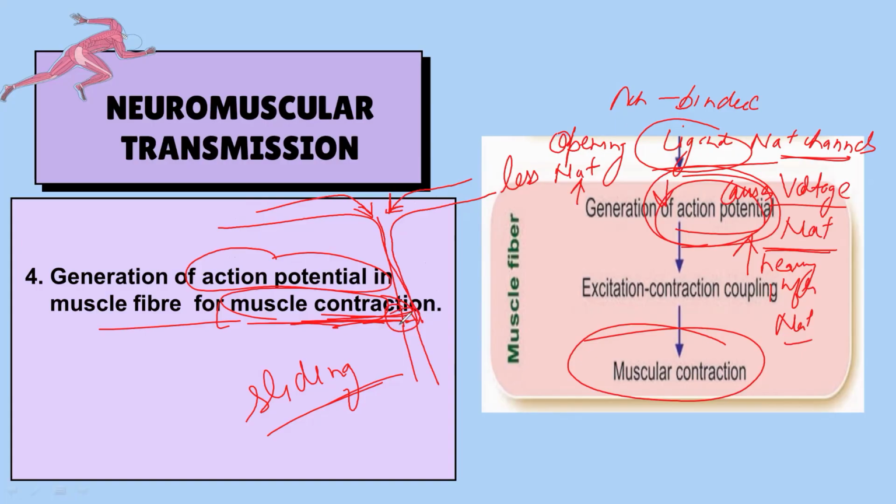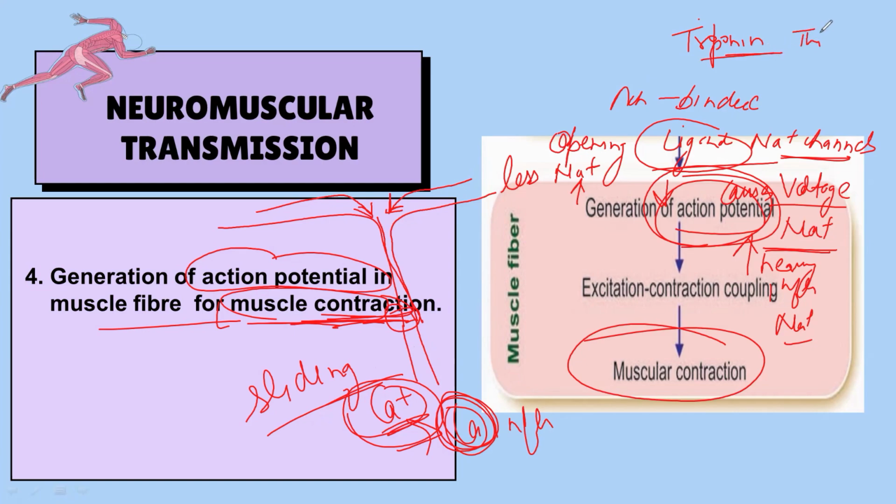At the junction of the T tubules and L tubules, there are calcium channels, and this action potential is responsible for the opening of these calcium channels, which causes calcium release. Finally, this calcium attaches to the troponin protein of the thin filament.